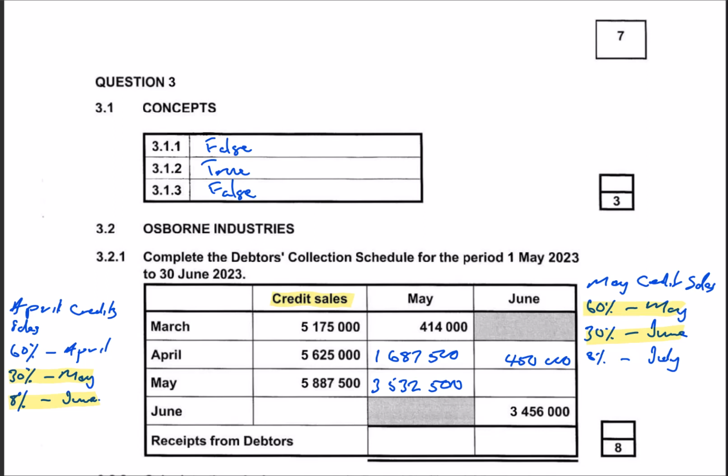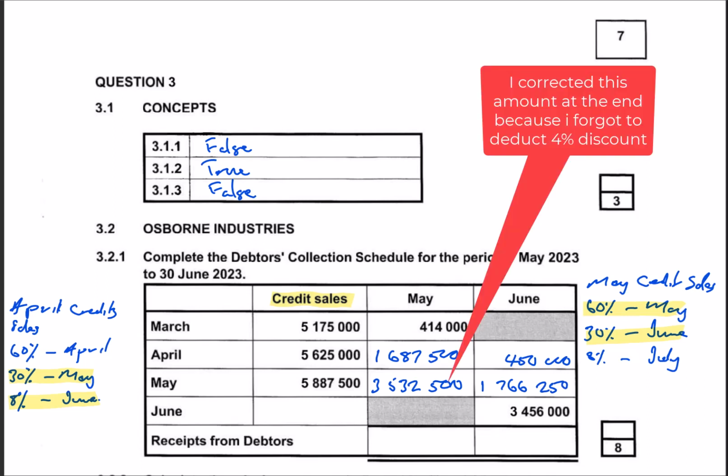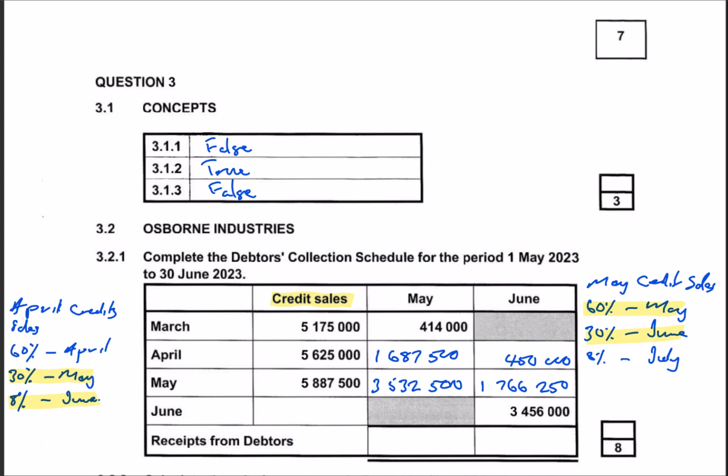Then 5,887,500 times 30%. That's 1,766,250. Right, then we get our totals. For June they calculated for us already, so you don't need to put anything.